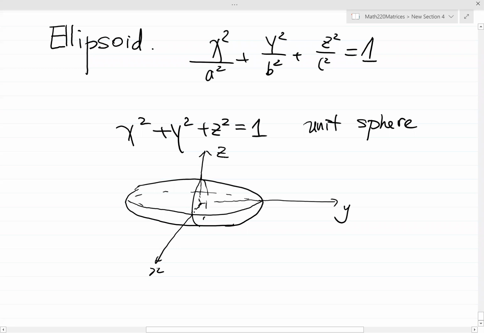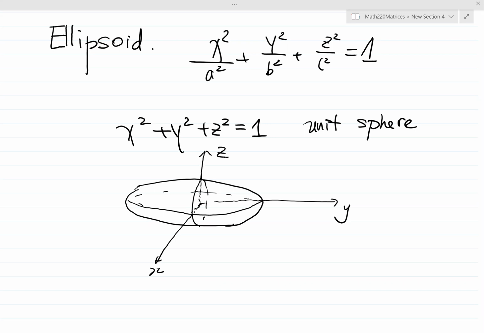Now this curve essentially looks like a football, a sphere rescaled by three factors. The idea is exactly what we did for the ellipse.